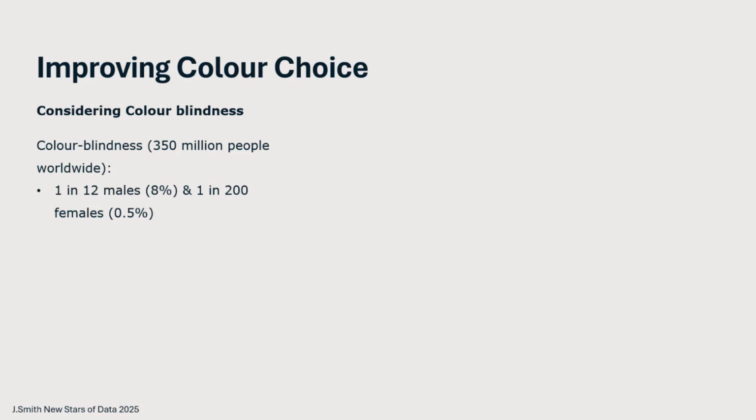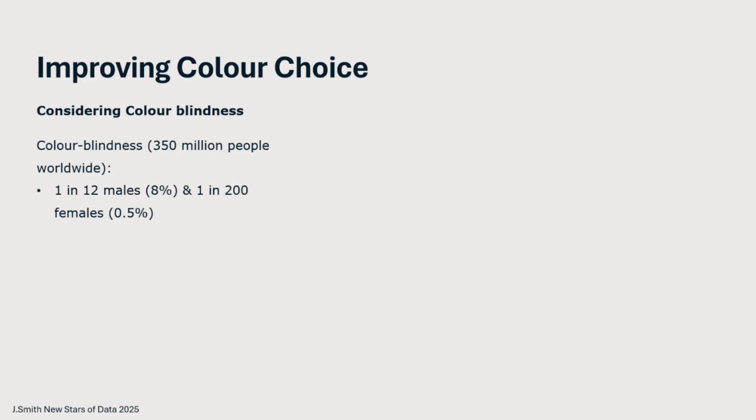There are approximately 350 million people around the world who experience some form of color blindness. That's approximately 1 in every 12 males and 1 in every 200 females. Color blindness is the inability to see the difference between certain colors.